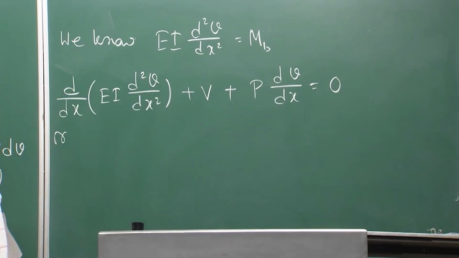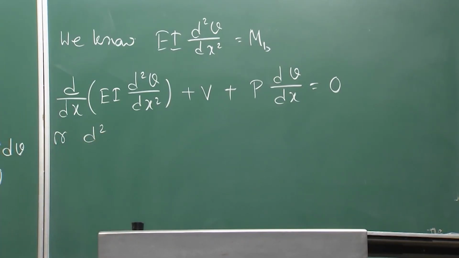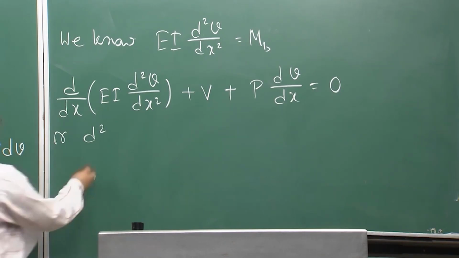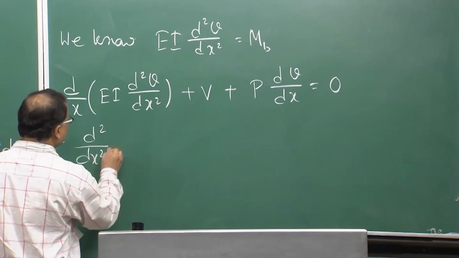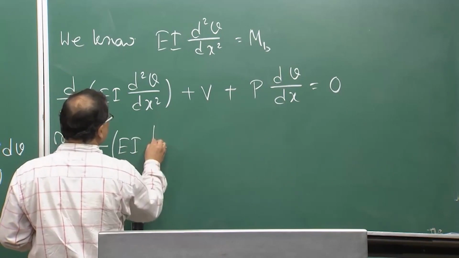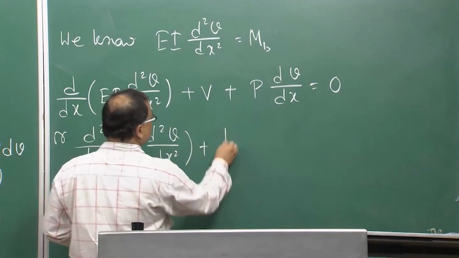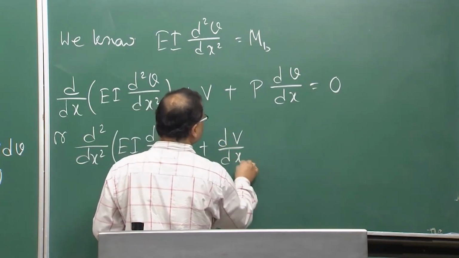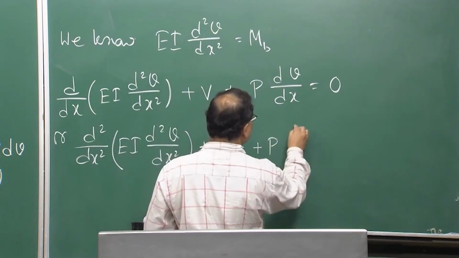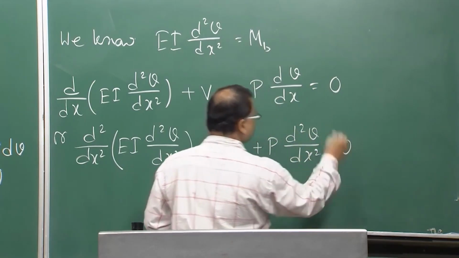Or further we can write. Now what we are doing is taking the derivative with respect to x on both sides. Therefore, I can write d2/dx2 of EI d2v/dx2 plus dv/dx plus P d2v/dx2.